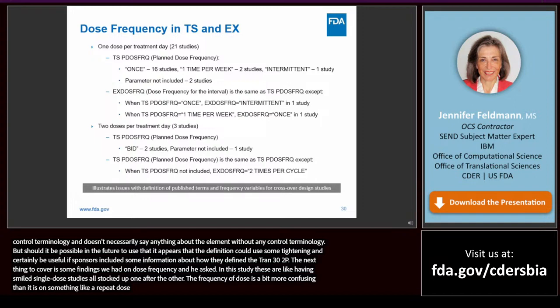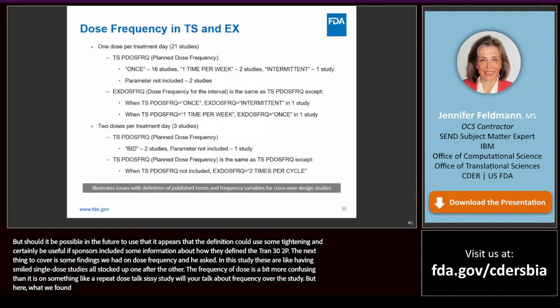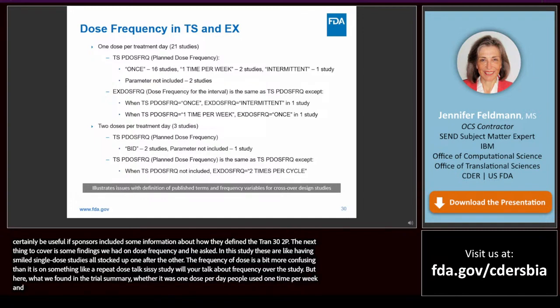But here what we found in the trial summary, when there was 1 dose per day, people used one time per week and intermittent, and for 2 doses per treatment, they used either BID or 2 times per cycle.